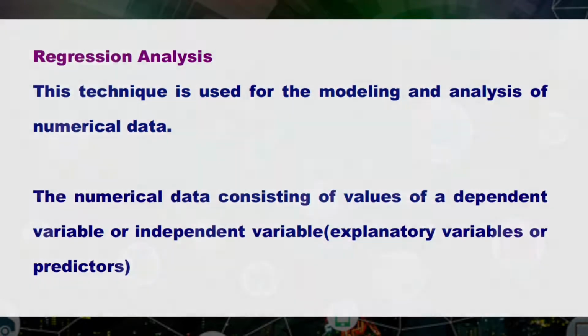This technique is used for the modeling and analysis of numerical data consisting of values of a dependent variable and independent variables. It is used for prediction including forecasting of time series, inference, hypothesis testing and modeling of causal relationships. These parameters are estimated to give the best fit of the data. The best fit is evaluated by using the least square method.